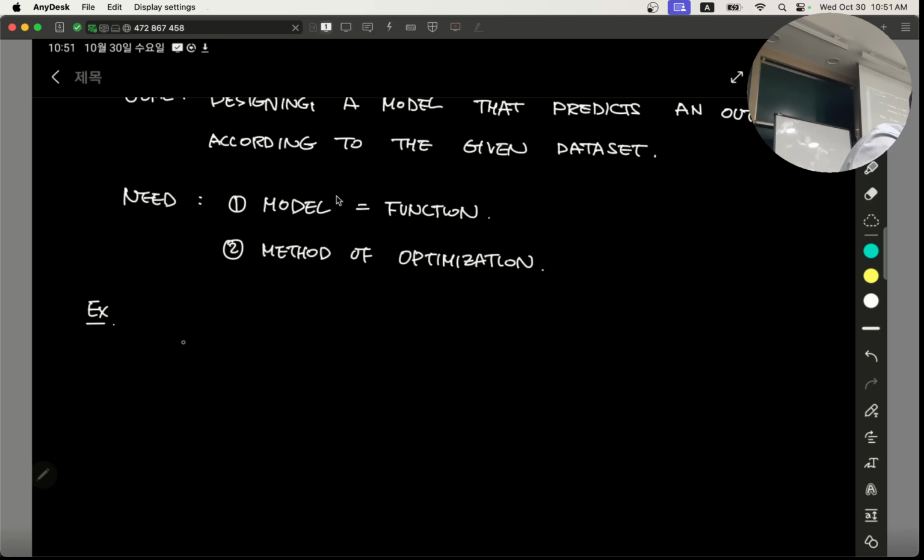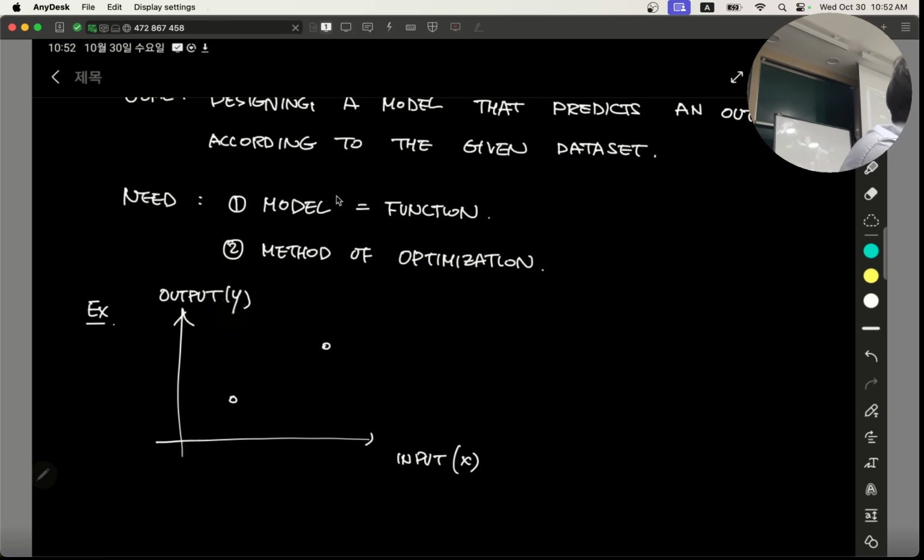So the very basic example is you have 2 points. If your data consists of just 2 points on the XY plane, suppose this is the input of your data, X, and this is the output, Y. By experiment or whatever means, you got these two data points, X1, Y1, and X2, Y2.